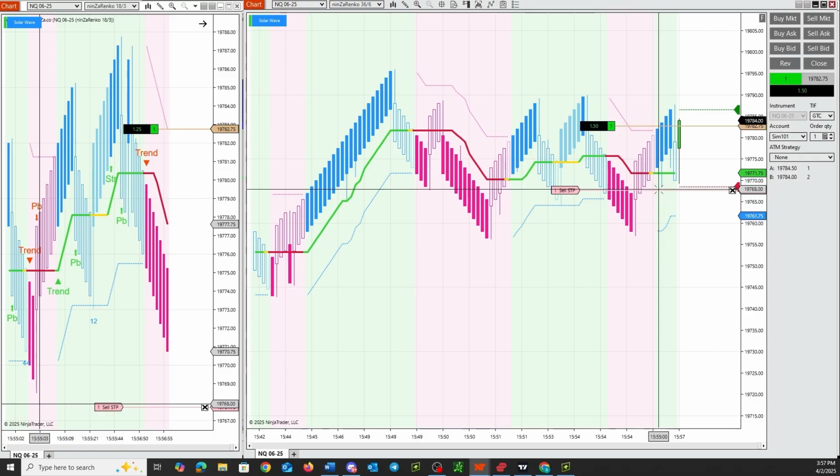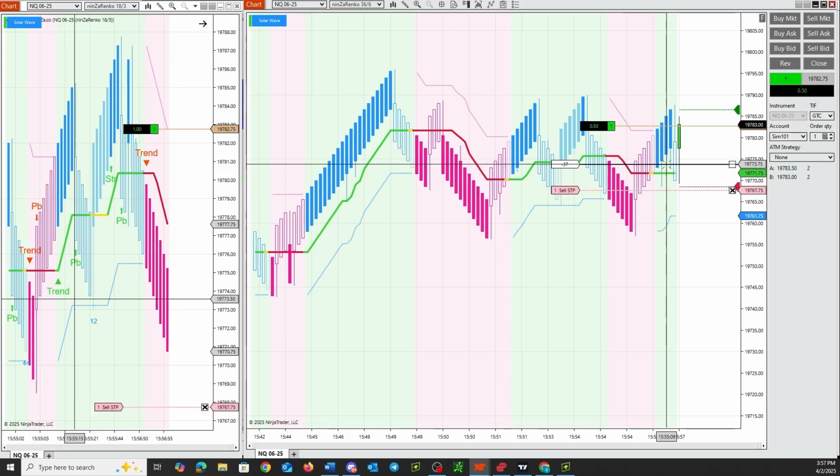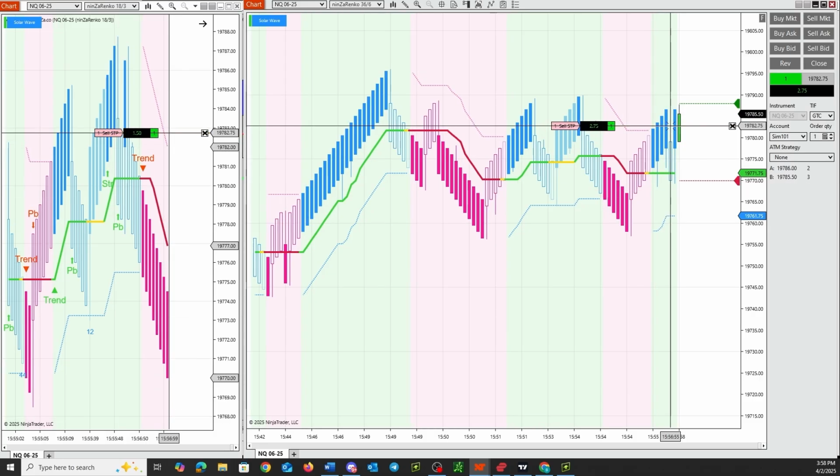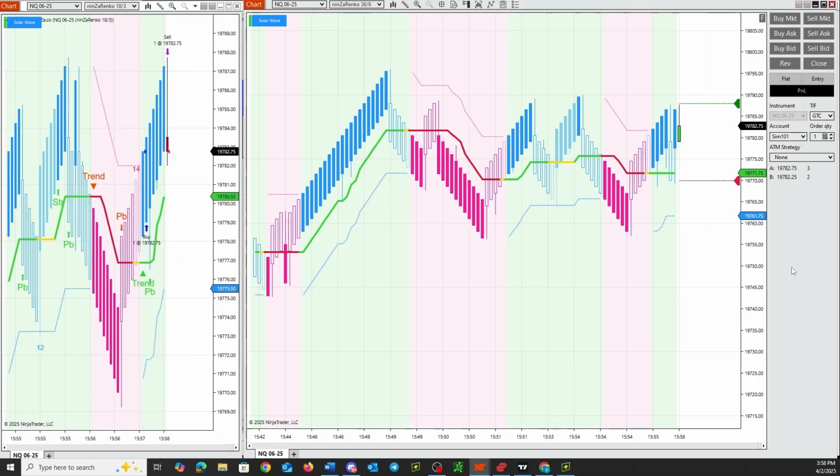Need to close higher. 357. Come on, push higher. Close higher. I want you to close. Alright, break even. Don't want to risk it going into the close here.